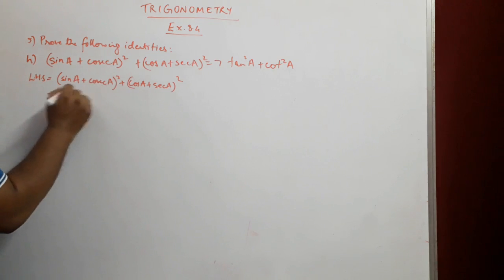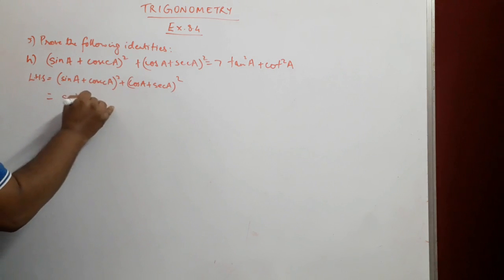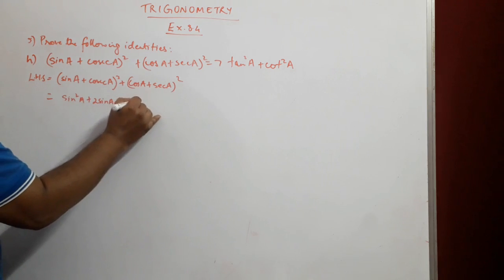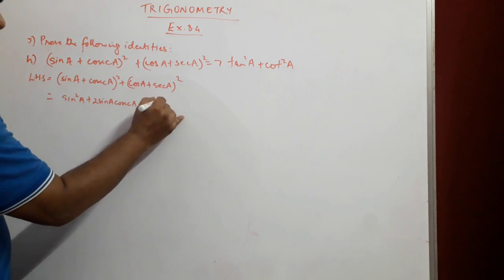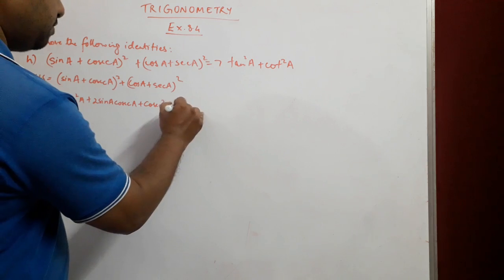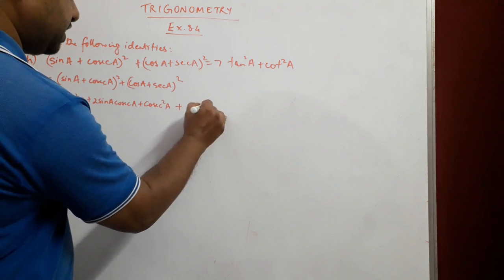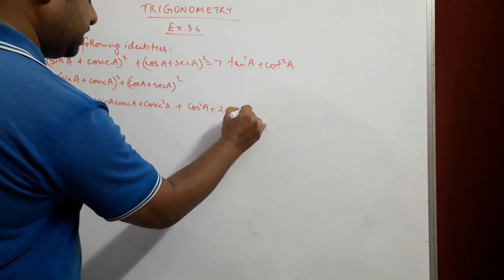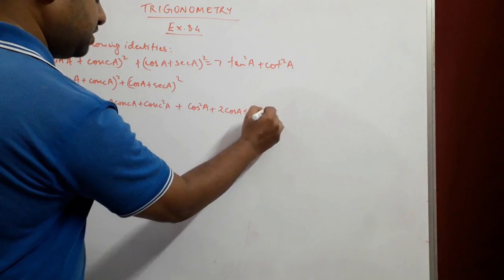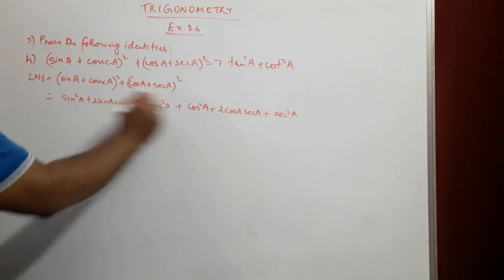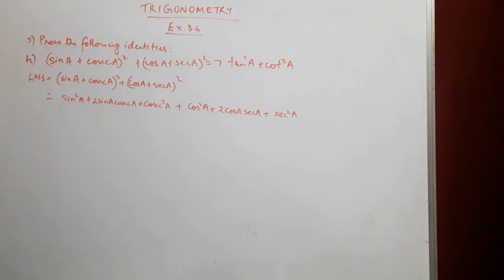So we'll open this up: sin square A + 2 sin A cosec A + cosec square A, plus cos square A + 2 cos A sec A + sec square A. So I've just put the (A + B) whole square formula.